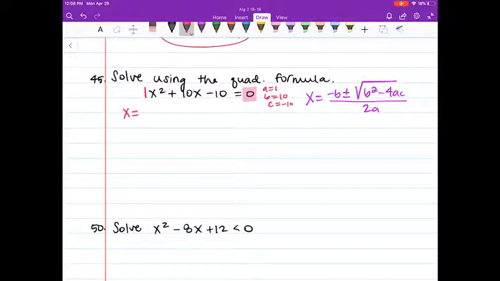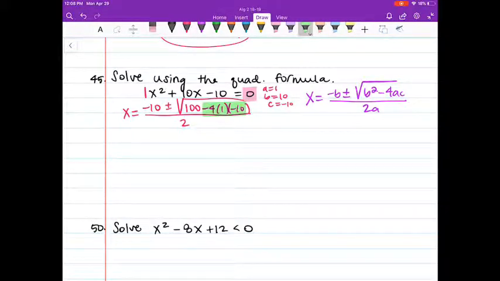So we'll have x equals negative b, negative 10, plus or minus the square root of b squared, well 10 squared is 100, minus 4 times 1 times negative 10, all over 2 times 1, which is just 2. We are going to do this multiplication next.